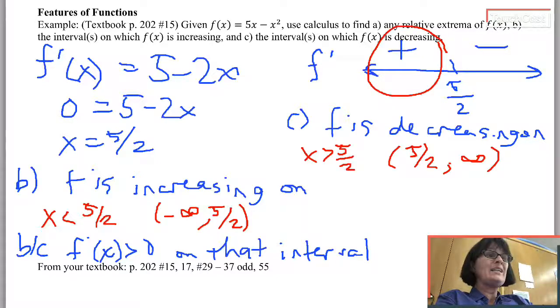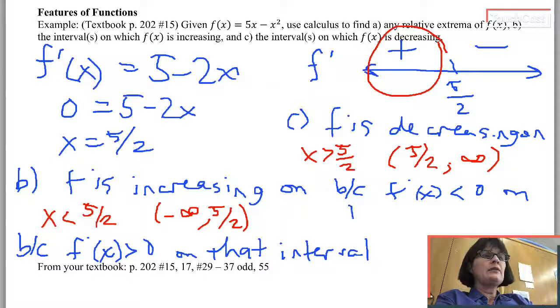Both good answers. One is using inequality notation, one is using interval notation. And then I'll finish the answer because f prime of x is negative on that interval.